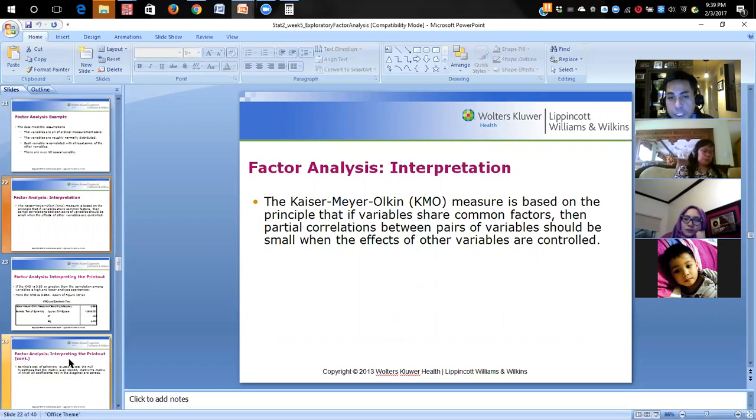The interpretation, the first one is the Kaiser-Meyer-Olkin, or the KMO measure. It's based on the principle that if variables share common factors, then partial correlations between pairs of variables should be small when the effects of other variables are controlled. So that's why the matrix will show you that there's item to item correlation, and then there's item to total scale correlations.